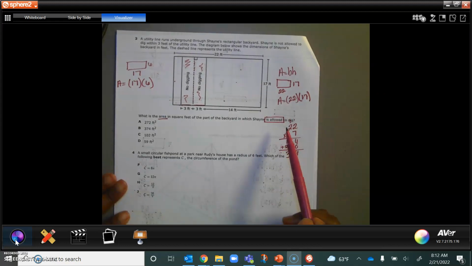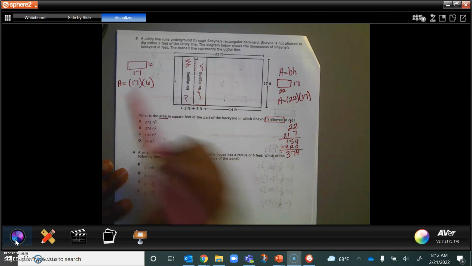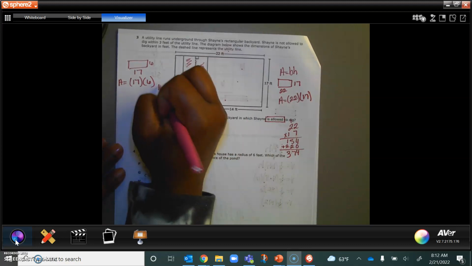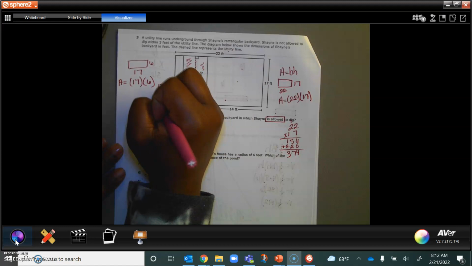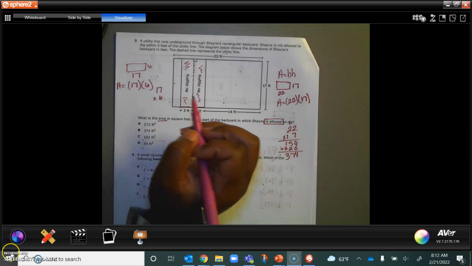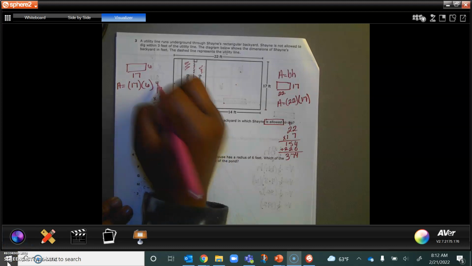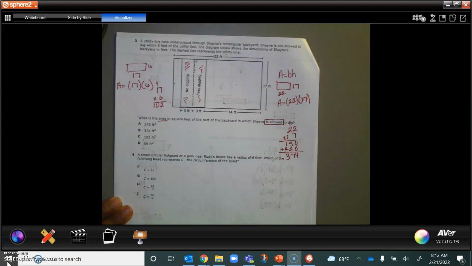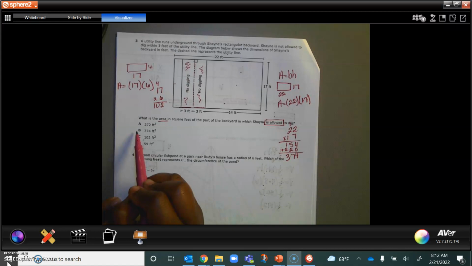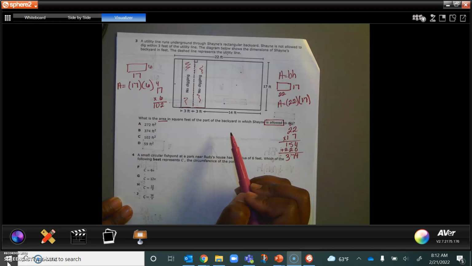But I don't want to know the area of this entire backyard. I want to know where he can dig. So I need to find the area of this space, which is here. So I'm going to do 17 times 6. 7 times 6 is 42. That's 102. If you can see, both of these are answer choices, but let me go back and make sure I answer the question.